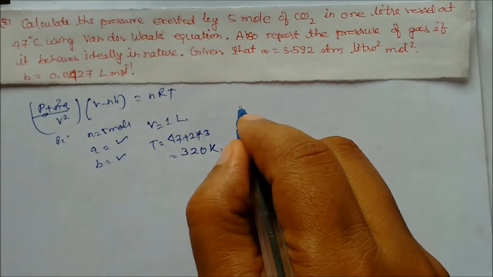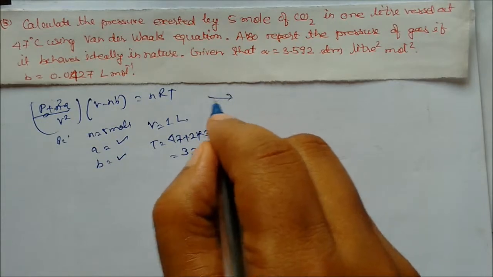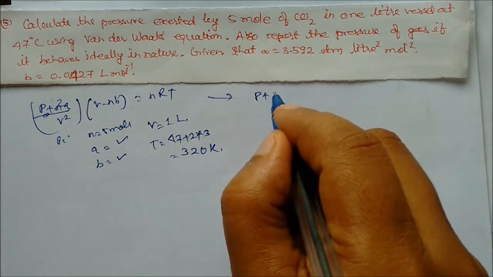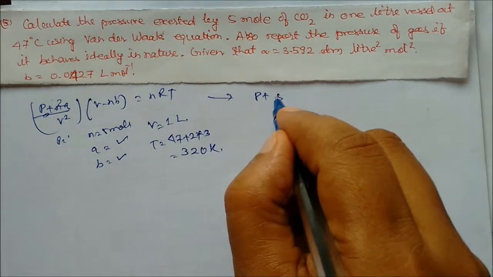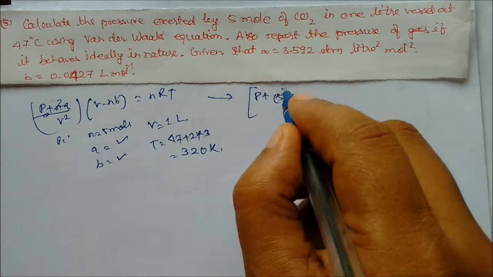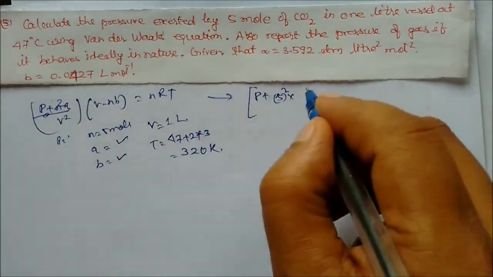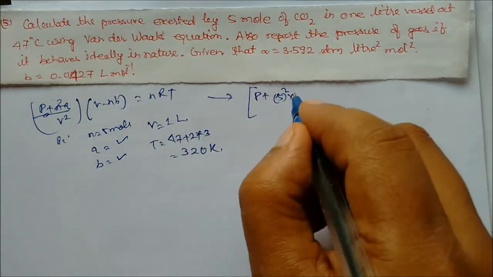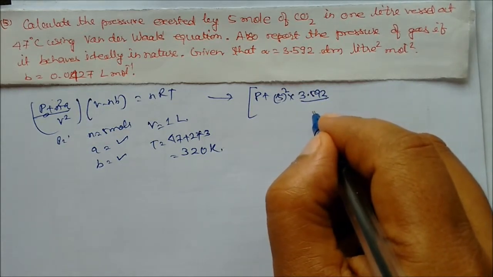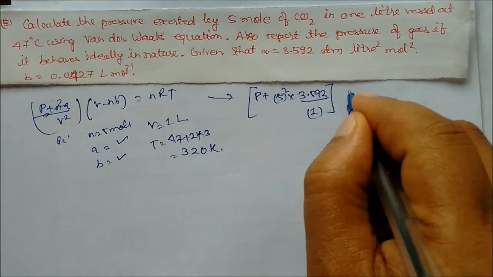So what is the van der Waals equation here? Pressure is equal to n square, so n is 5, whole square, multiplied by A. A is given here as 3.592, divided by volume, so volume is 1, whole square. This is completed.